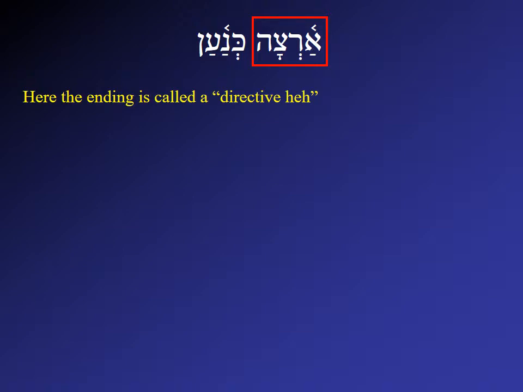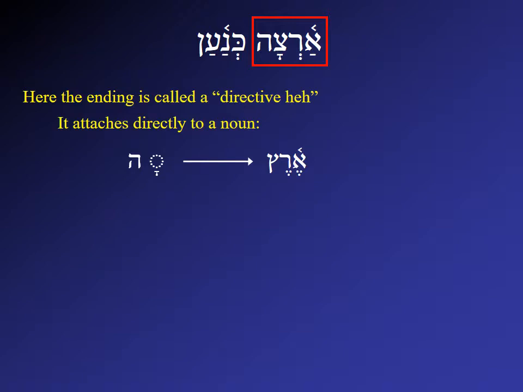So what we have here is our noun eretz with a hey ending. So our hey has attached directly to the end of our noun to produce the new form artza. Now, one of the things that you will learn in Hebrew is that heys attach to the ends of words for lots of reasons.